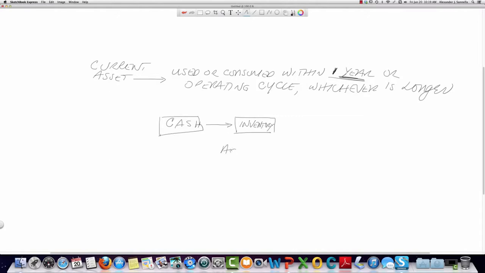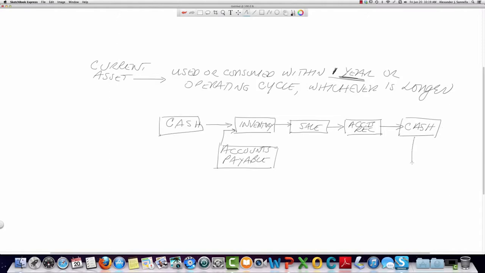You may not have enough cash, so that may require that you use trade credit to buy the inventory. Then the inventory is sold. That inventory, when it's sold, is not always for cash. So we have an accounts receivable, and that has to be collected. So we're back to cash again.